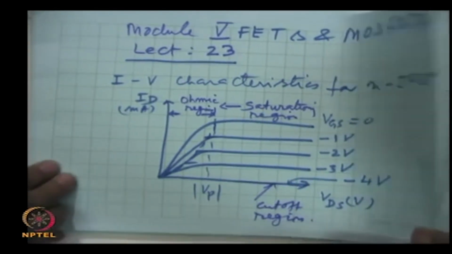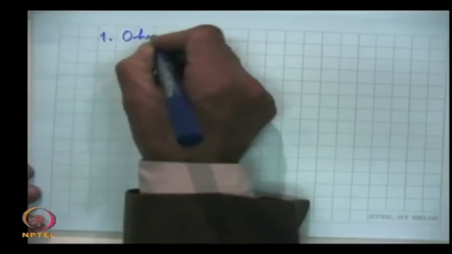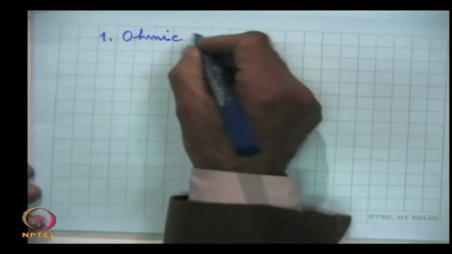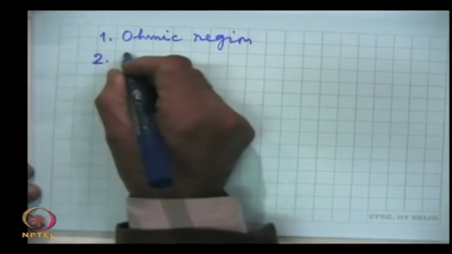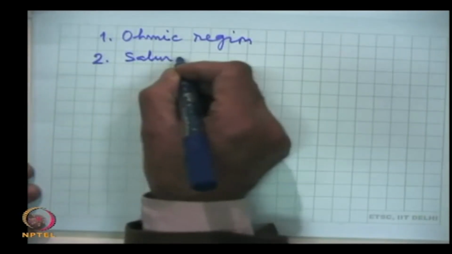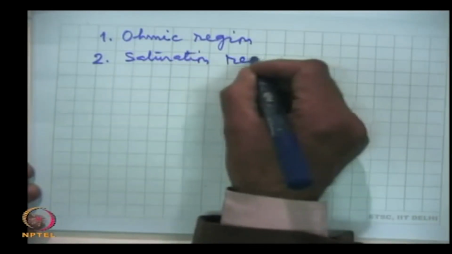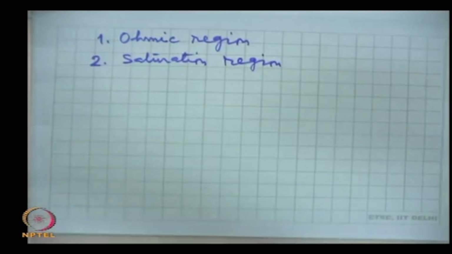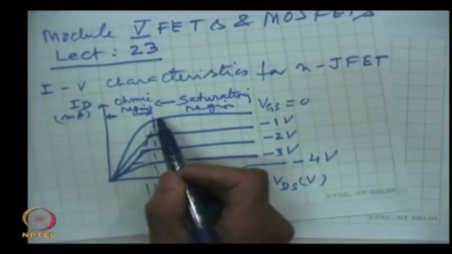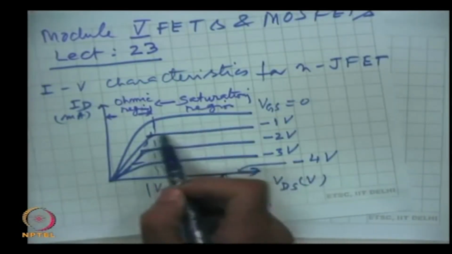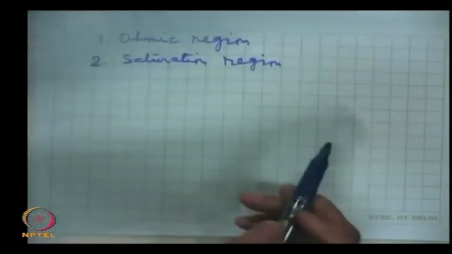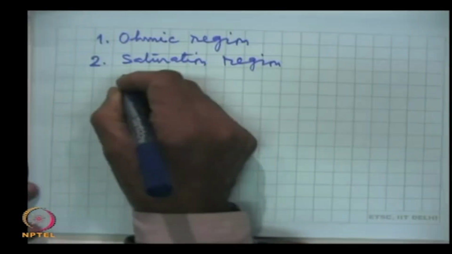So, the characteristics have 3 regions: ohmic region, saturation region. The saturation region is also called the constant current region, because here the current is almost constant.